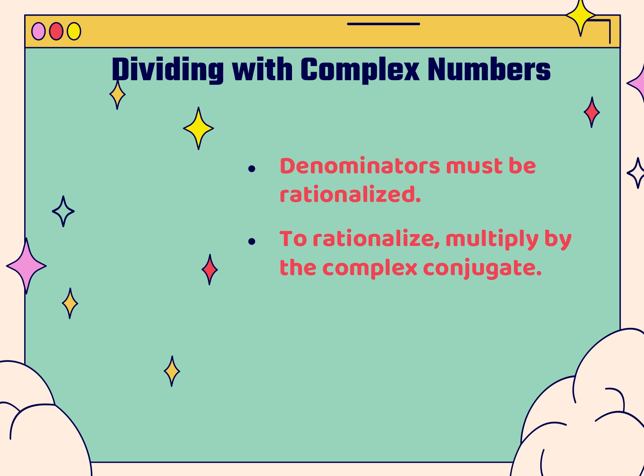So the next one is dividing with complex numbers. So remember, your denominators must be rationalized. In other words, we can never ever leave an I in the denominator. To rationalize, we're just going to multiply by the complex conjugate, which makes that I disappear.